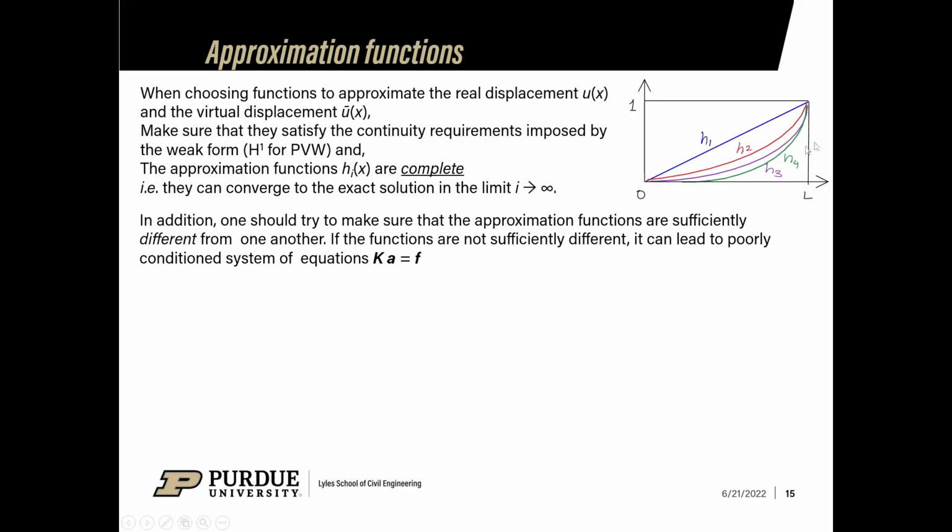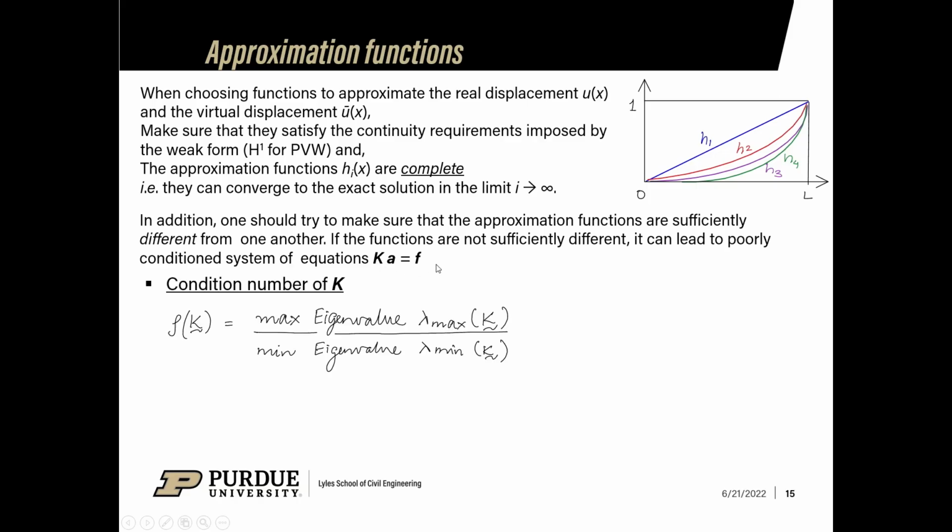In fact, this choice of polynomials, for higher order polynomials, can lead to very poorly conditioned matrices when we are trying to solve this equation on a computer. And what does that mean? The condition number of a matrix K, if you remember from linear algebra, is the ratio of its maximum eigenvalue to its minimum eigenvalue.